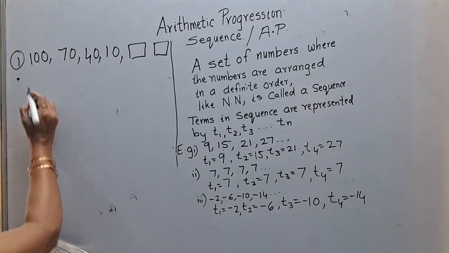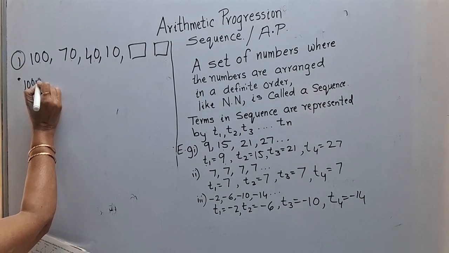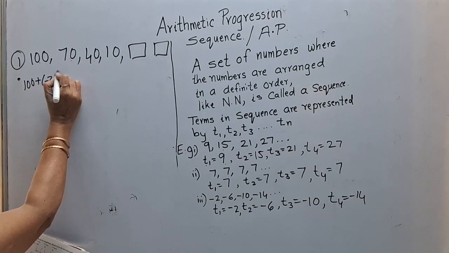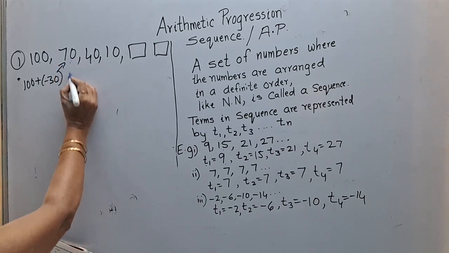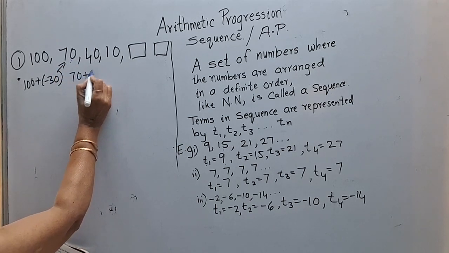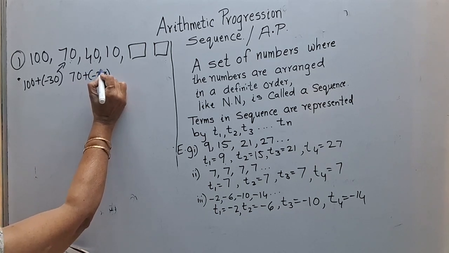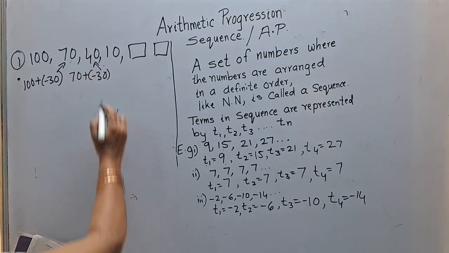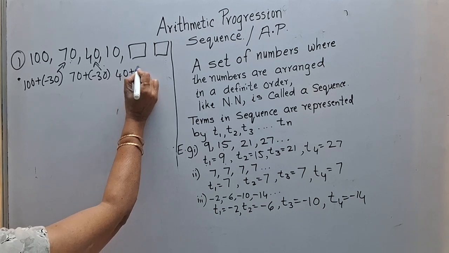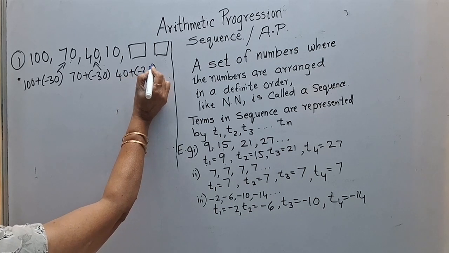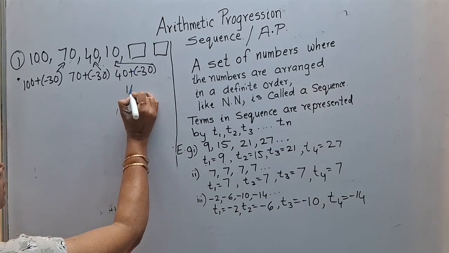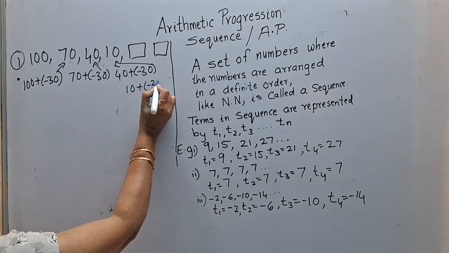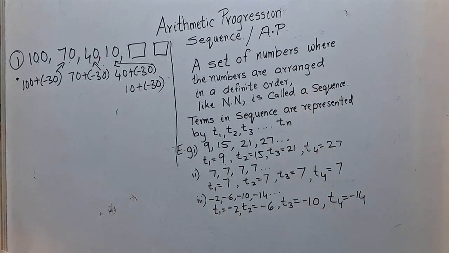So 100 plus minus 30, I get 70. Am I right? Again, 70 plus minus 30, I get 40. Again, 40 plus minus 30, I get 10. Now, 10 plus minus 30, what do I get?